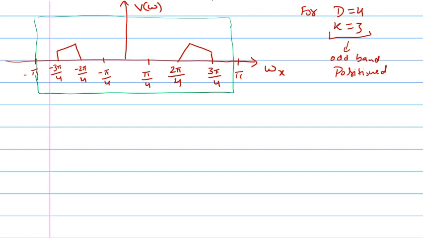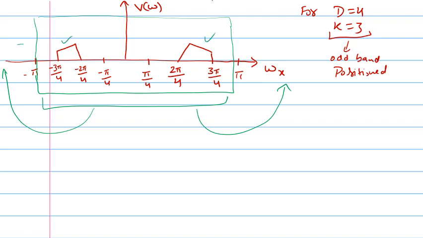The same replica, the same thing is repeated in the band of say minus 3 pi to minus pi, and the same might be repeated in the band of say pi to 3 pi, and so on. So it will be repeating continuously. So it means these bands, all are available on the left side somewhere.